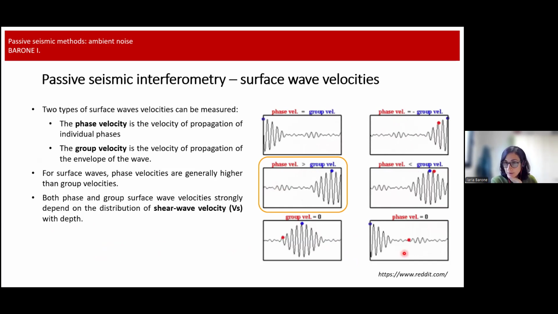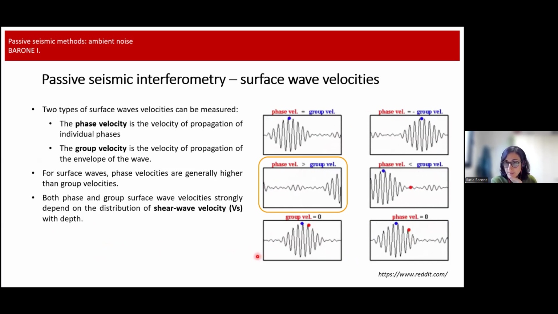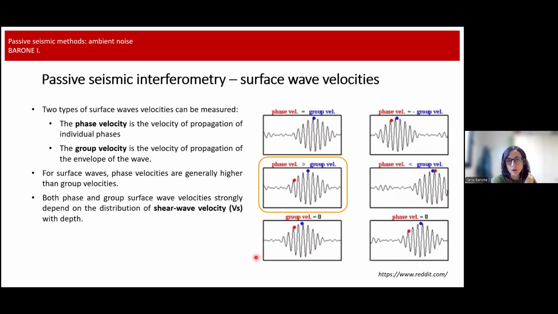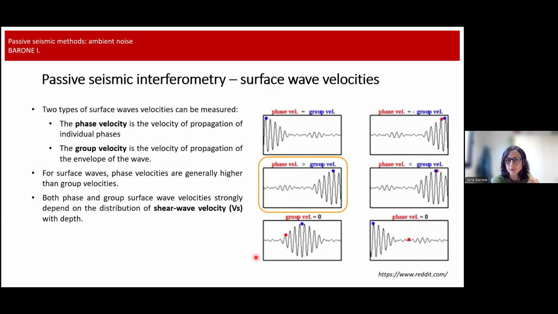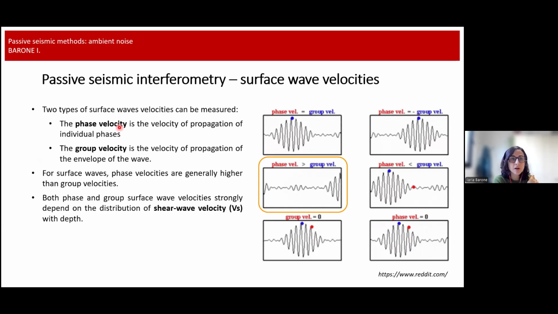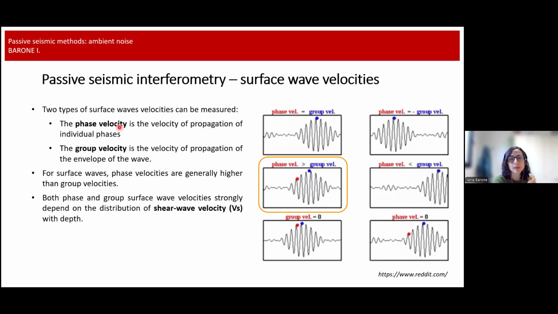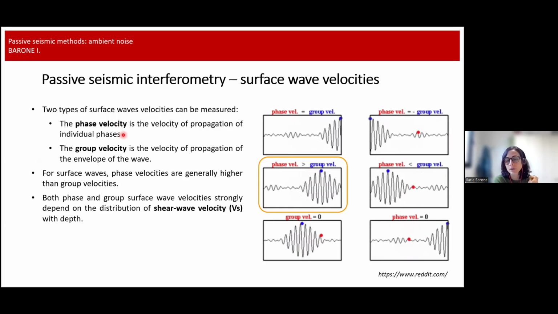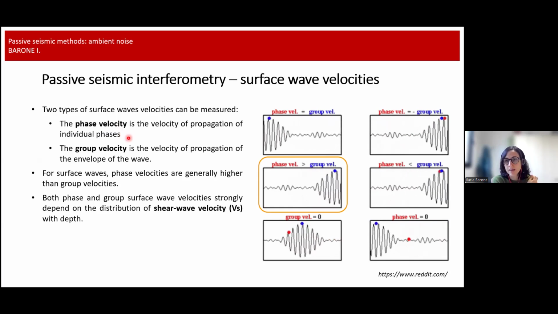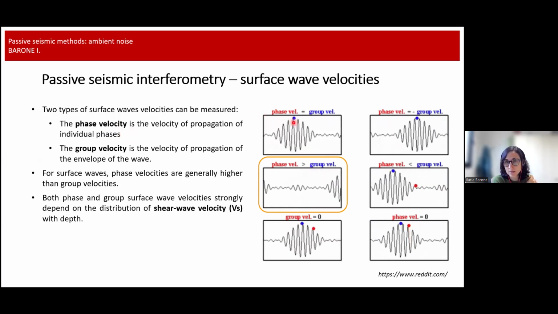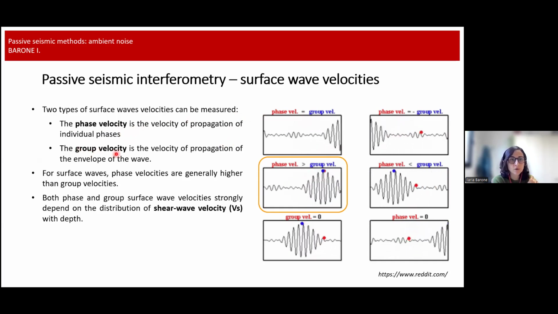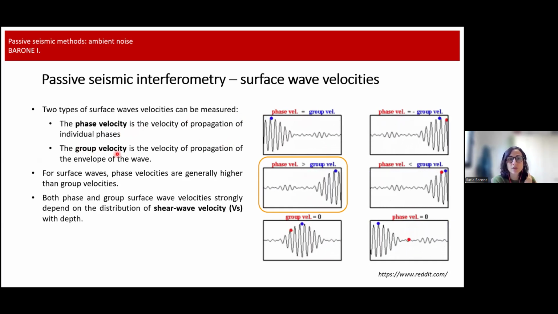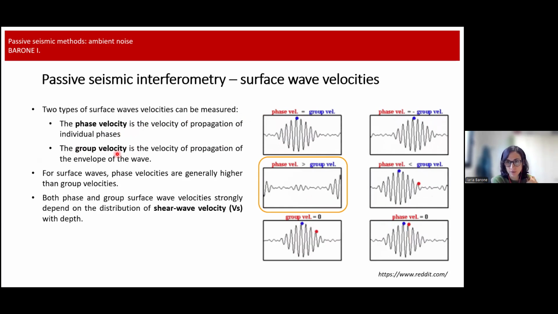Here I have put an animation where I hope you can understand the difference between phase and group velocities. Phase velocity is the velocity of propagation of each single phase. So a phase is basically one single peak in this animation, while the group velocity is the velocity of propagation of the envelope of the wave.